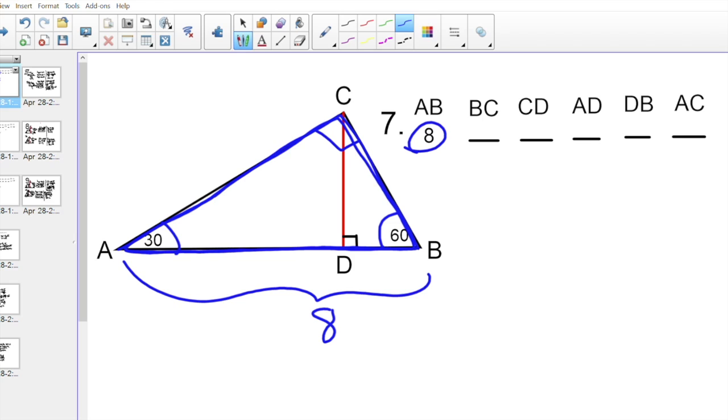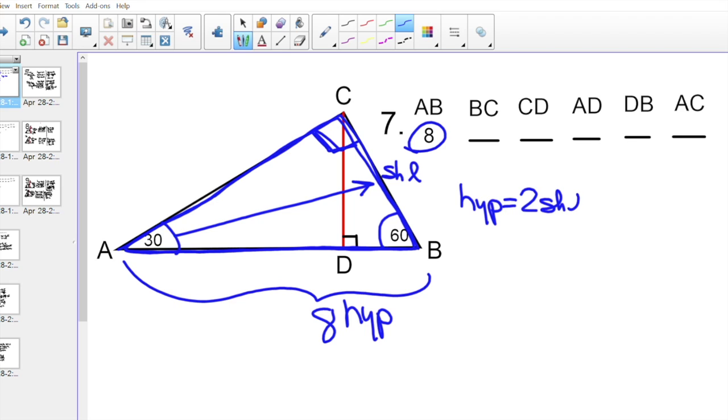This side that I have here, we call that the hypotenuse, because it's the side opposite the right angle. Now, this side here would be the shorter leg, because it's the one opposite the 30-degree angle. Well, to find BC, which is the shorter leg, you would take the hypotenuse equals 2 times the shorter leg.